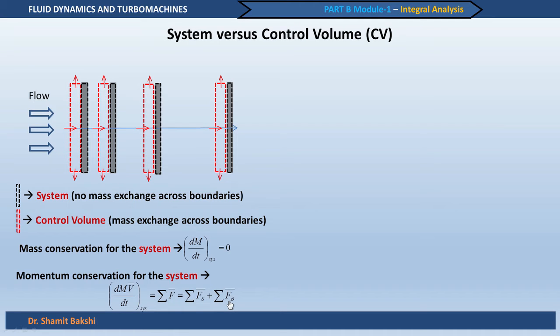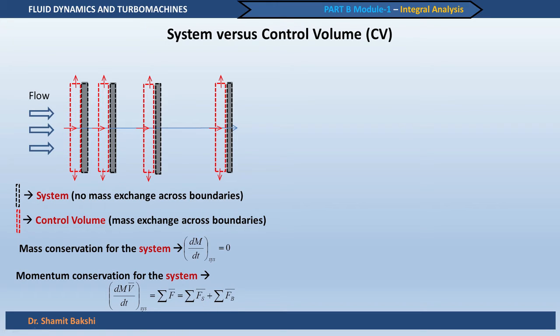Fb is the body force which acts not only on the surface but on the bulk of the system. So, each element or each atom within the bulk experiences this force, for example, the gravity force. So, you can broadly divide the summation of forces into surface and body forces.